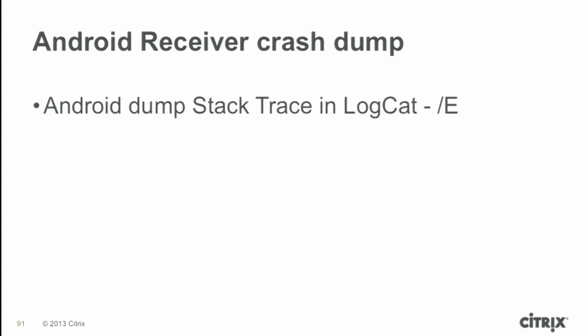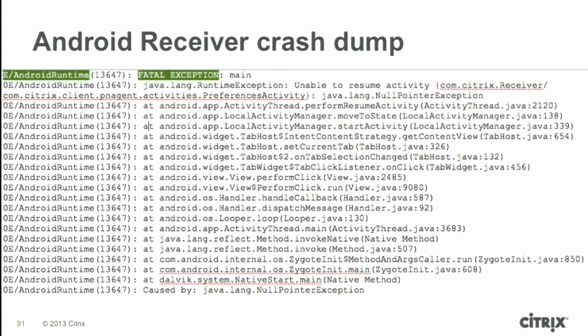Finally, unlike iOS, the stack trace is included in a Logcat if the receiver does crash. And the stack trace is the most important part of the trace, and we can get a lot of great direction from that. Now, we are working to improve logging messages for both these products, so in the future we hope to see more thorough messages.